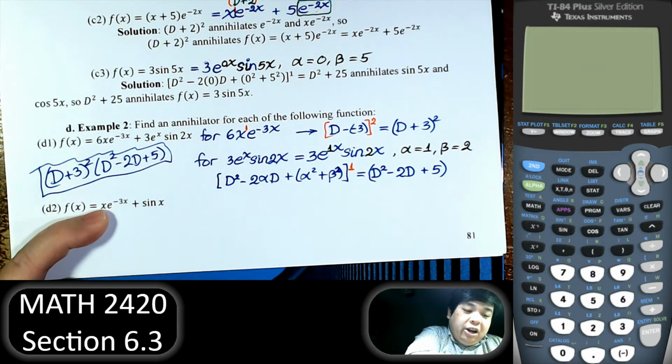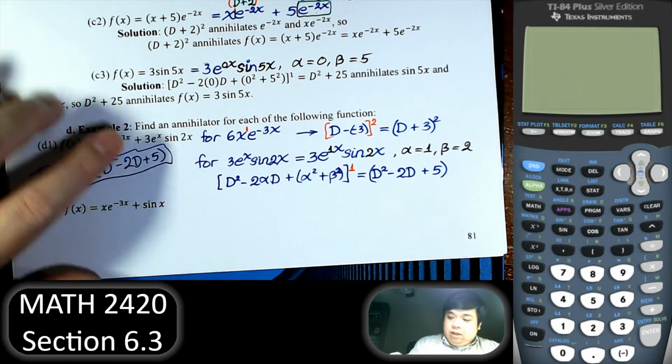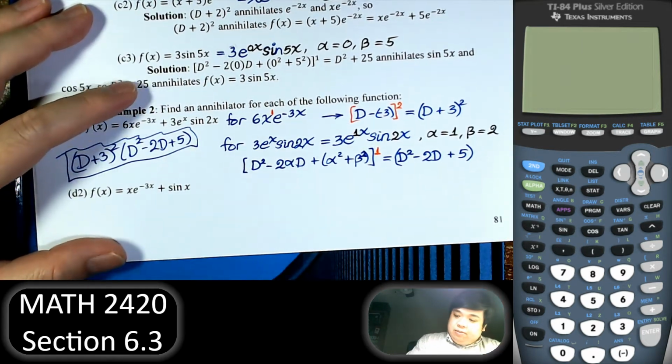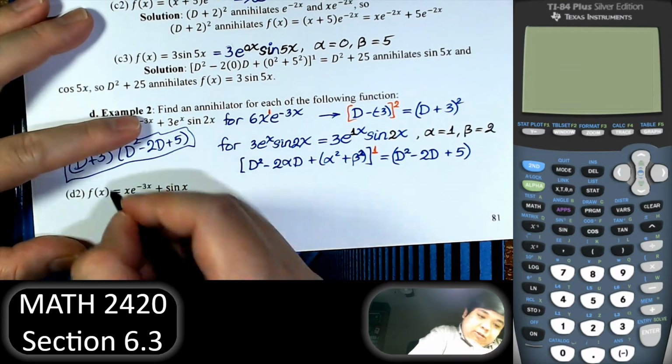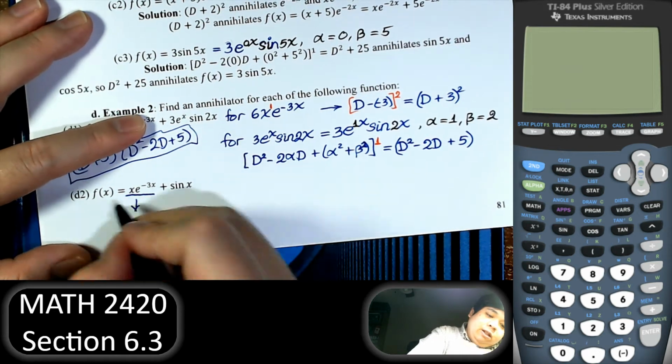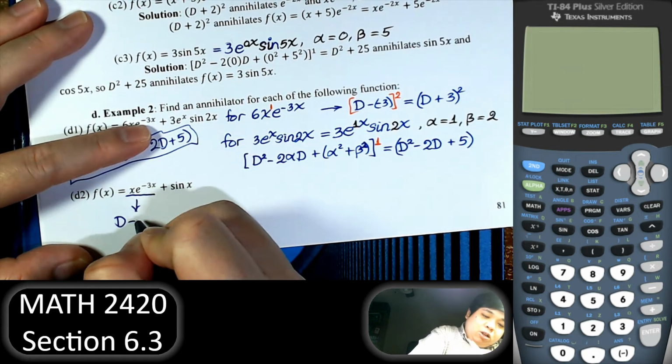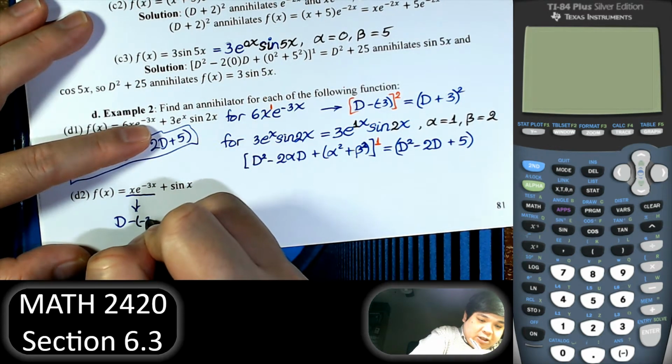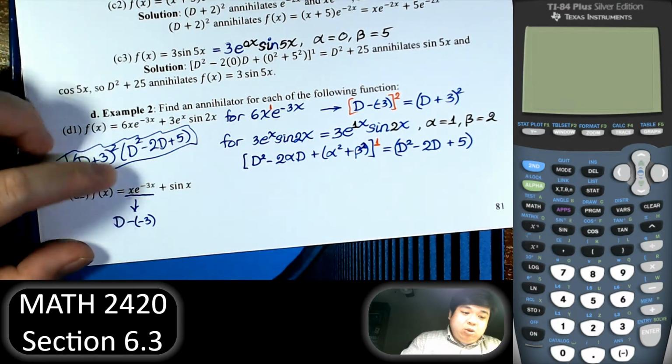Next, I'll find the annihilator for x e to the 3x. We will have d minus 3, and we have x to the first power.